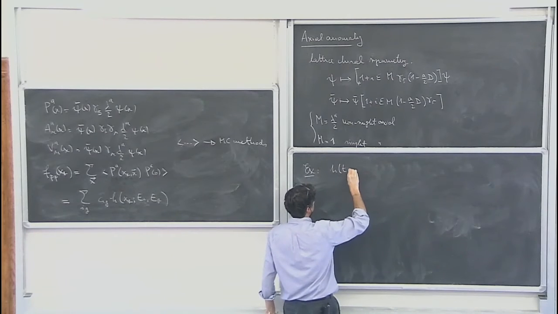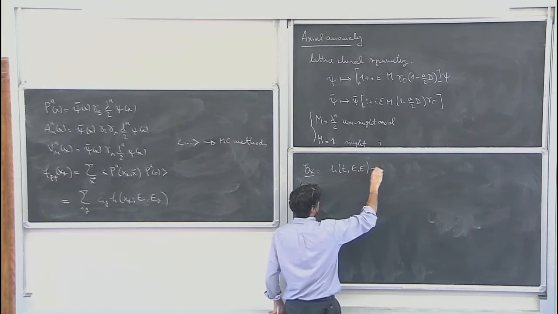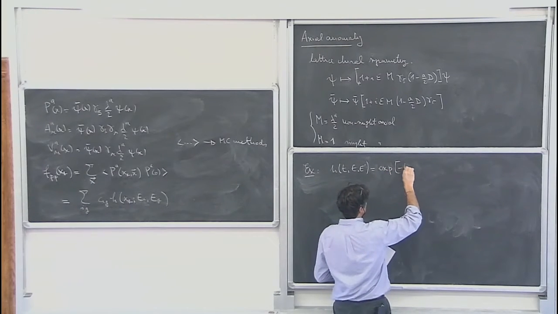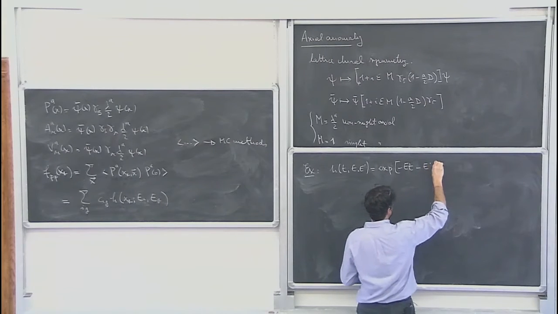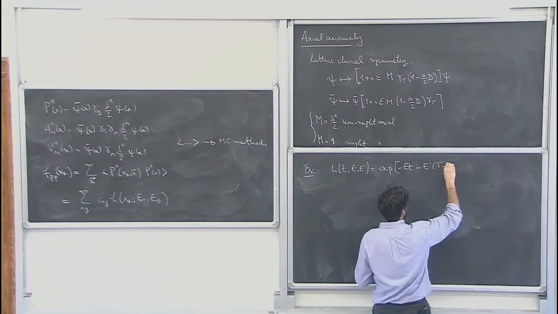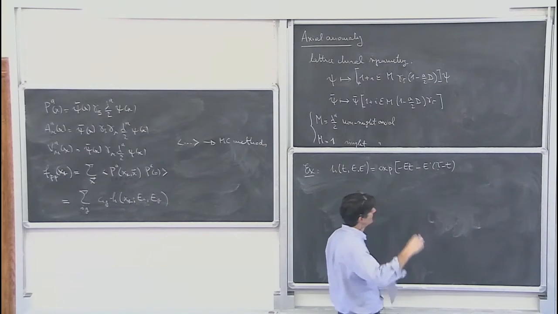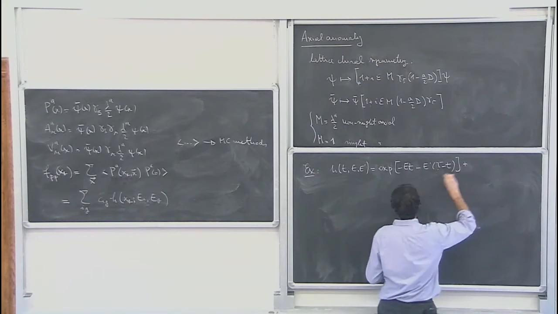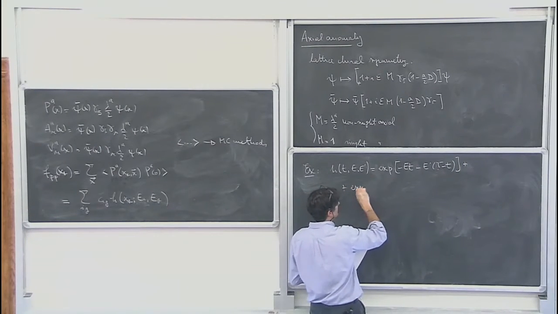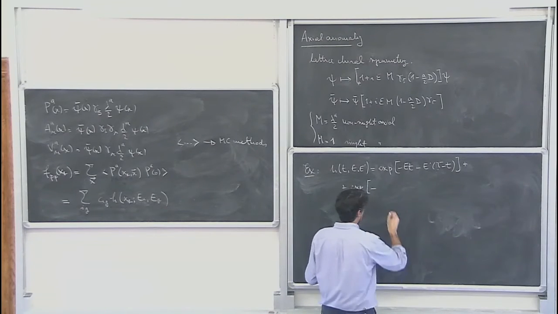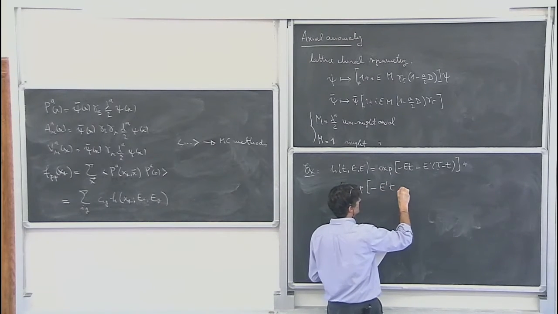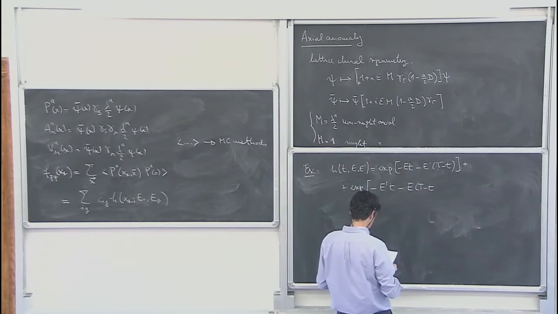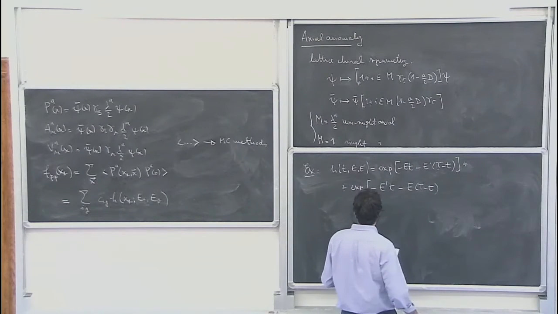So h of E, E prime, and t is the exponential of minus E t minus E prime, capital T minus t, where capital T is the total extent in the fourth direction of your lattice, plus the exponential with E and E prime exchanged.